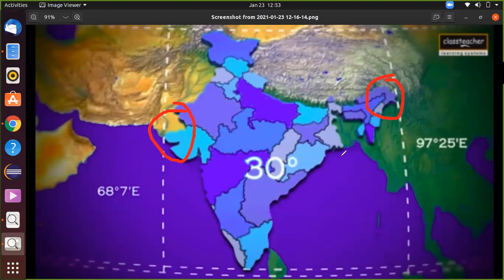So to avoid this difference in time calculations, India has done one thing. It has created the average of these two.